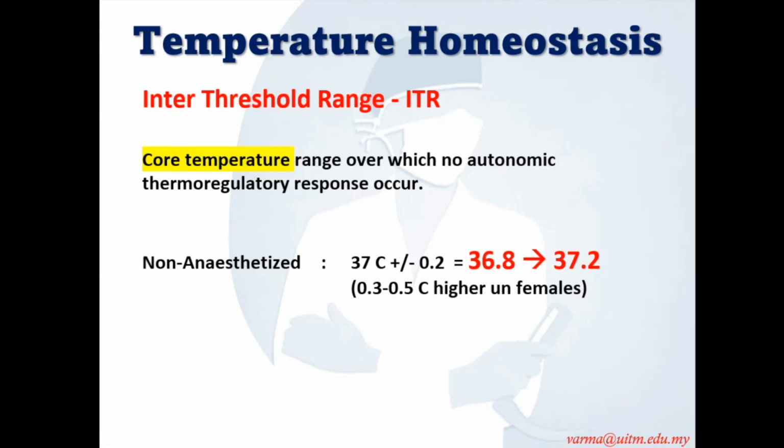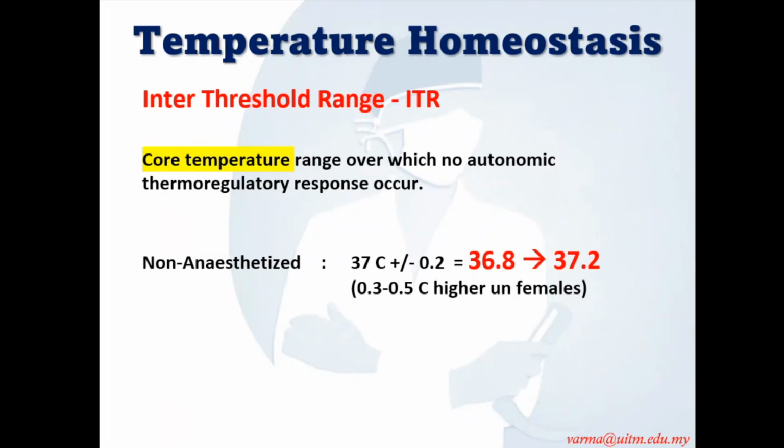They can immediately activate the thermoregulatory mechanism to maintain homeostasis, which is 37 degrees Celsius plus or minus 0.2. It means if the temperature goes below 36.8 or above 37.2, the autonomic thermoregulatory response will get activated and your body will regain the set point of your temperature.